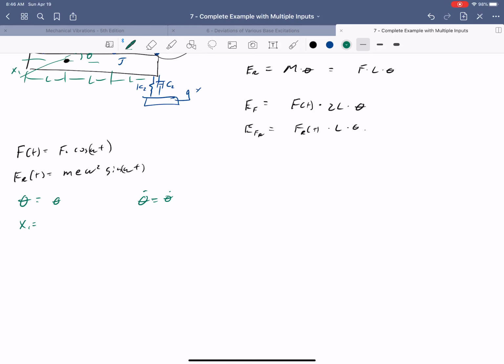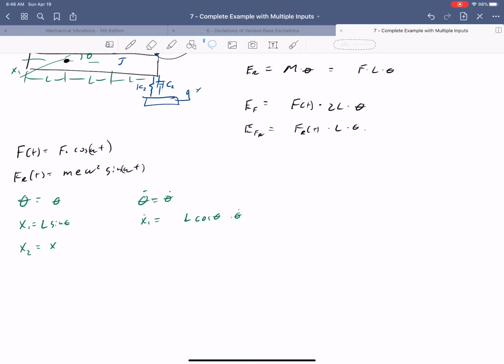And x1 is equal to L sine theta, and x1 dot is equal to L cosine theta, theta dot. And x2 is L sine theta, x2 dot is L cosine theta, theta dot.